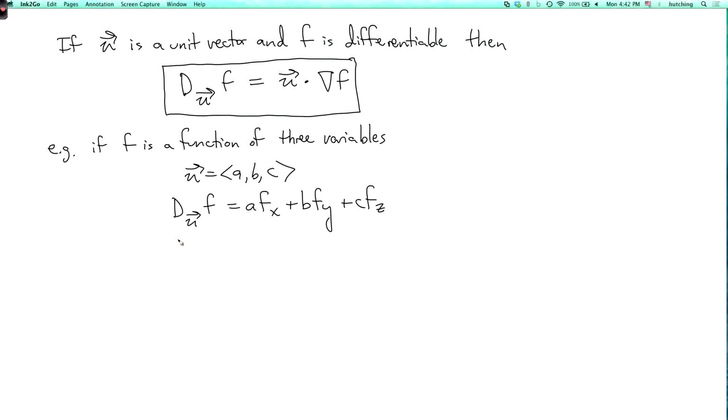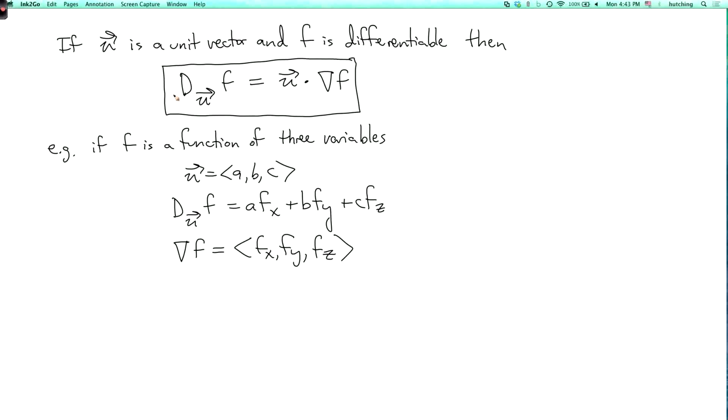But the gradient is the vector f_x, f_y, f_z. So we see that this is the dot product of these two vectors. So this formula will be very useful later when we talk about some of the theoretical properties of directional derivatives. So again, this gradient is a vector which is a function of x, y, and z, so it depends at what point you are.